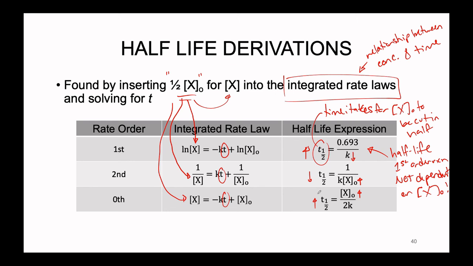The rate is still plodding along at the same constant speed. So if you have more stuff in your reaction, it's going to take longer for it to react in a 0th order reaction.